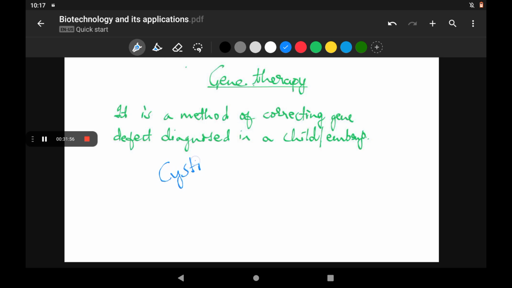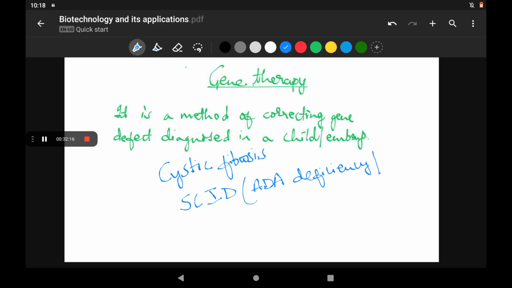One is cystic fibrosis, and another is SCID. This name is not given in our books. Instead, they give it as ADA deficiency, or it is also called bubble baby syndrome.